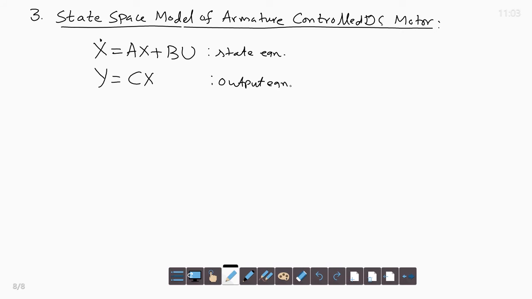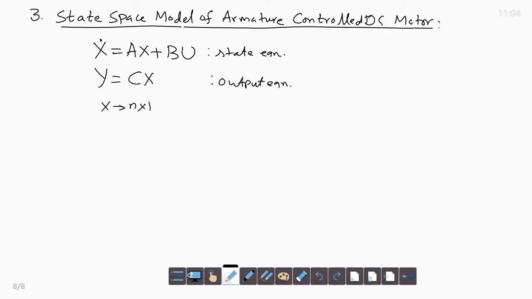For an nth order system, x is of dimension n cross 1. For an nth order system, there are n independent state variables, and those n state variables comprise the state vector x. Let us derive such a state model for the DC motor.